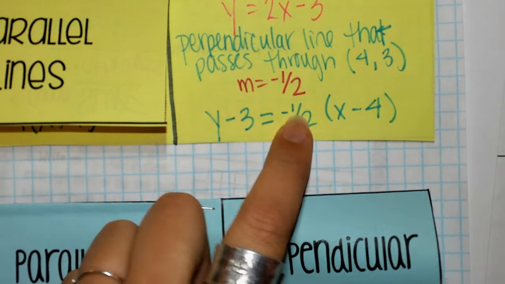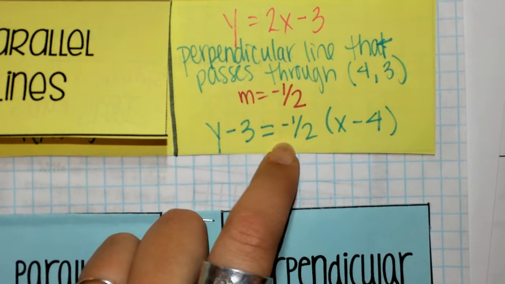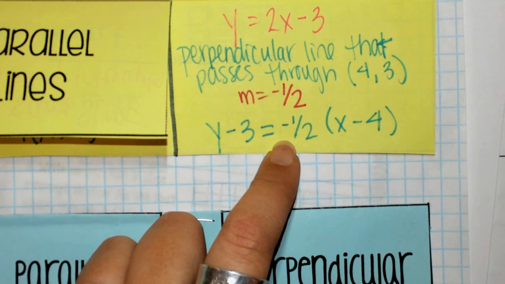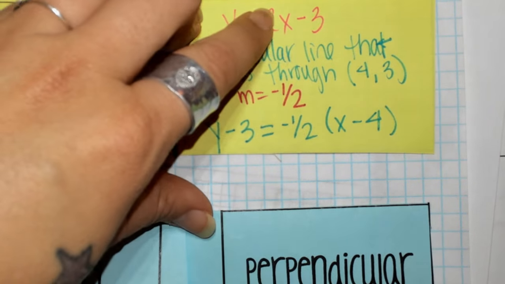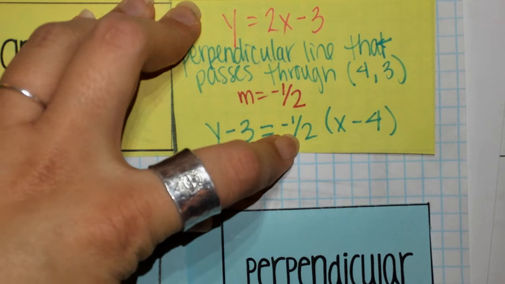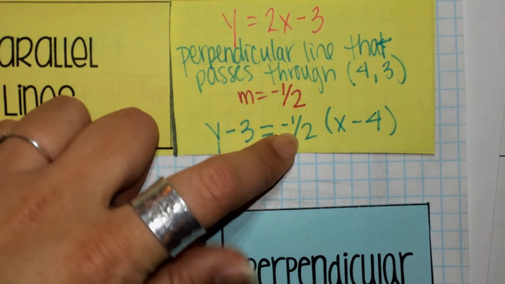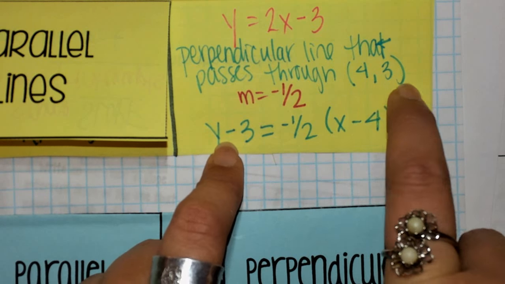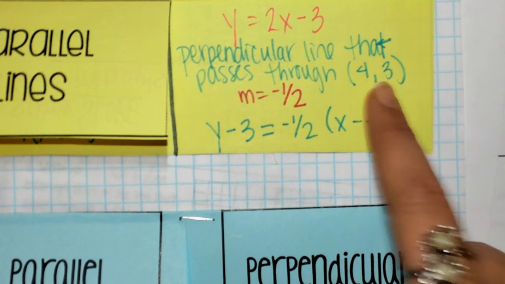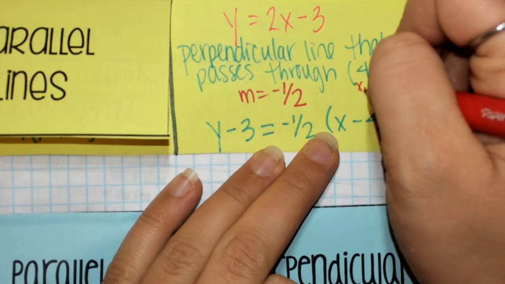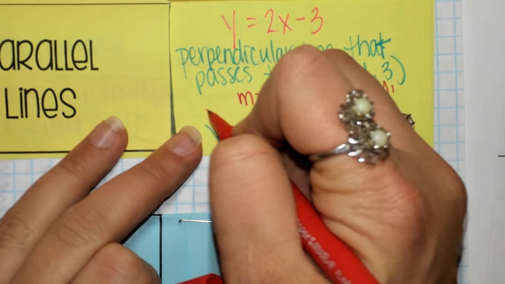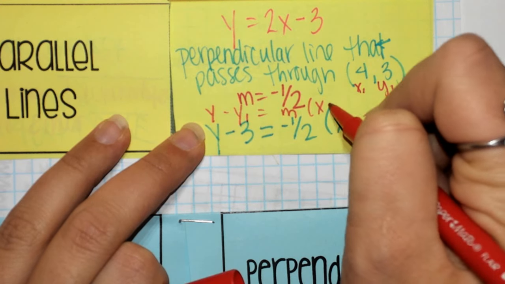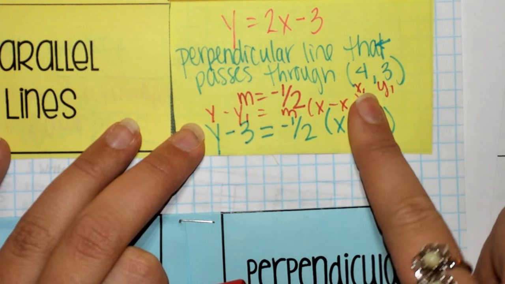Does everybody see how we got this equation? Yes, we took our slope and we flipped it, and that's what we got here. Because we want the perpendicular line. Then we took our point that it passes through and we plugged it into point slope form. So since this is our x1, y1, and remember point slope form is y minus y1 equals m times x minus x1, we're just plugging stuff in.